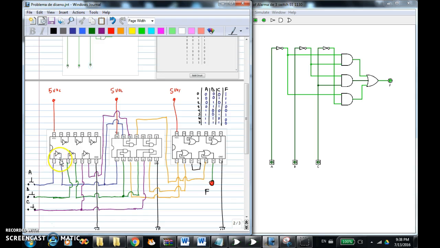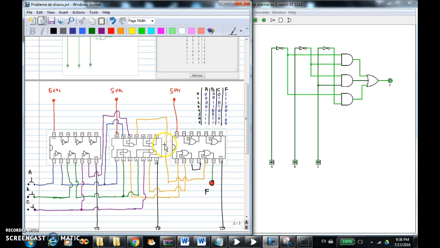Well, this is A. A inverting must be this blue line. Here we go. This dot indicates that it is a hard connection. So therefore it's an inverting input right here. And the purple line right here indicates that it comes from here, and the input is where? C. So therefore this is C, and therefore this is inverting C. So this is the input of the last AND right here. This line has the following: A inverting, C inverting.